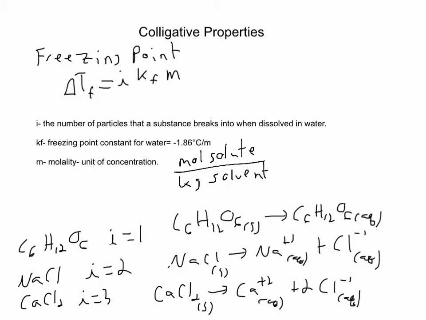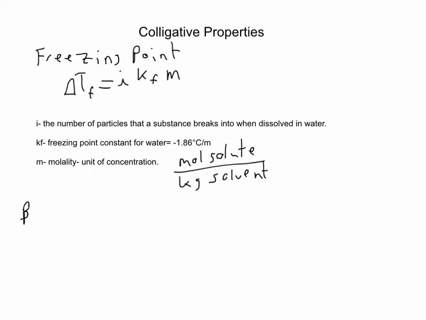So it's the number of moles of the solute divided by the mass of the solvent. Note that this is the solvent, not the entire solution. So if you dissolved salt in water, you would have a certain number of moles of salt divided by the mass of that water.